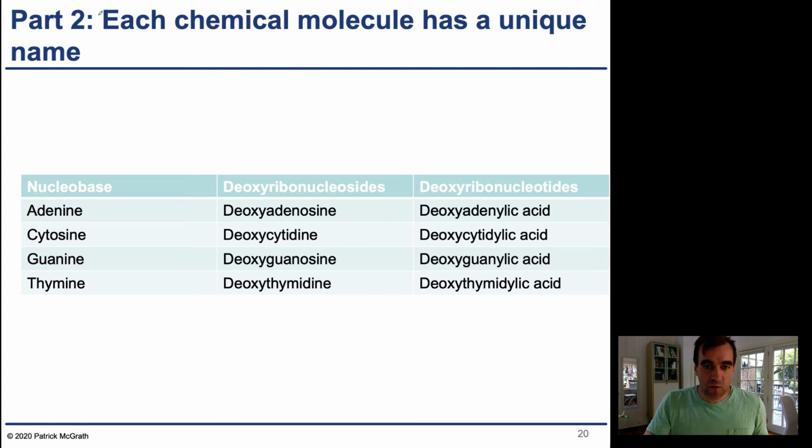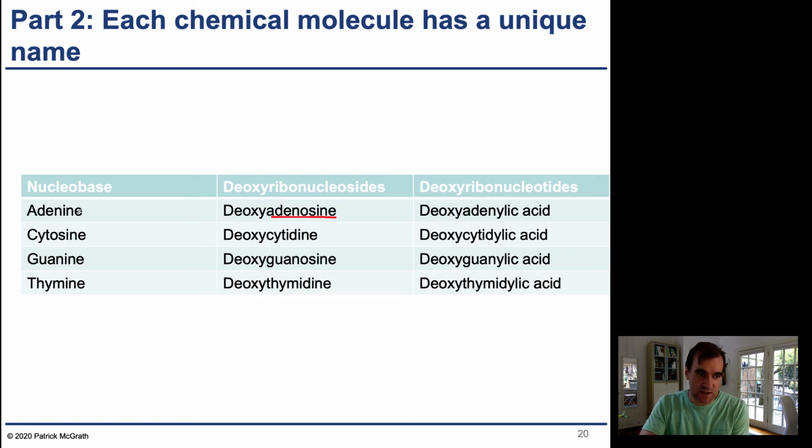Each chemical molecule has a unique name. If we look at the nitrogenous base, or the nucleobase, adenine, cytosine, guanine, thymine, if we make it into a nucleoside, we might want to distinguish between ribonucleosides and deoxyribonucleosides for DNA versus RNA. You'll notice that we've changed the adenine to adenosine. So we've added a sine here, and we also added the deoxy.